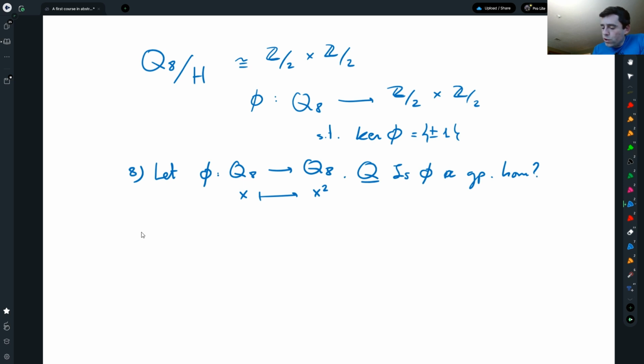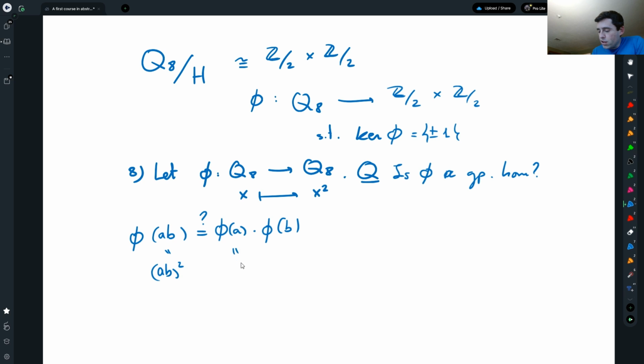So what I want to know is, is phi of A times B always equal to phi of A times phi of B? And that is in fact not true. So let's see what happens. Phi of AB would be AB squared.